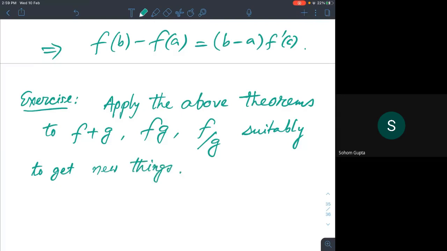So you apply this theorem to f plus g, and suppose f plus g has a maximum at c. So what happens? Then f prime c is equal to minus g prime c, right? So you put assumptions on this, and you apply the theorem on this kind of stuff, and see if you find new things.